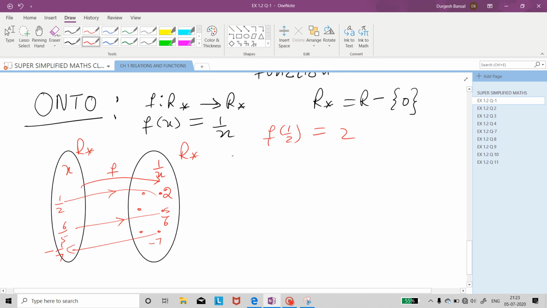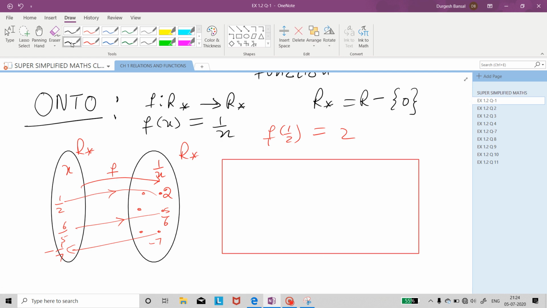So in such cases, how to prove a function to be onto? In one line, first I explain to you. Here in this box, I am going to write the method. This method you don't need to write in the exam, but this is just a method.